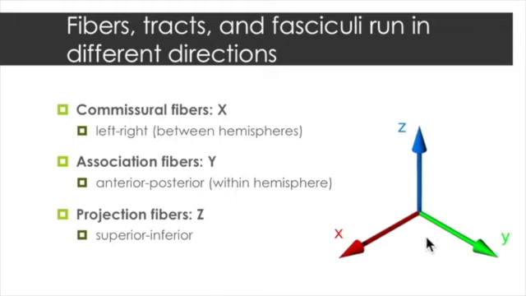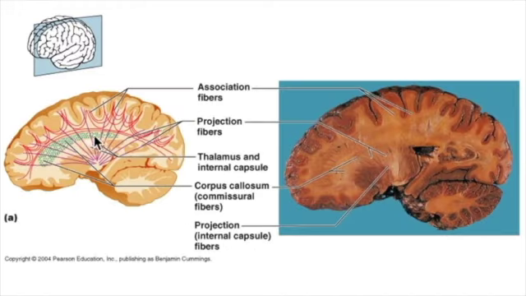Association fibers tend to be color-coded green, whereas projection fibers, which run top to bottom, tend to be coded blue. So again, association fibers are front to back, projection fibers are top to bottom, and commissural fibers are left to right.